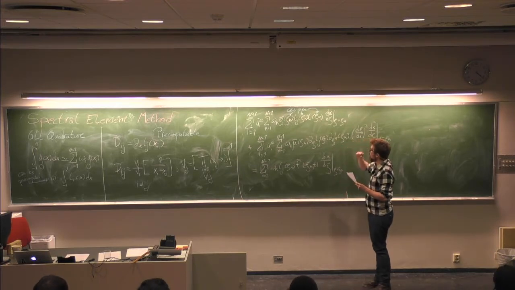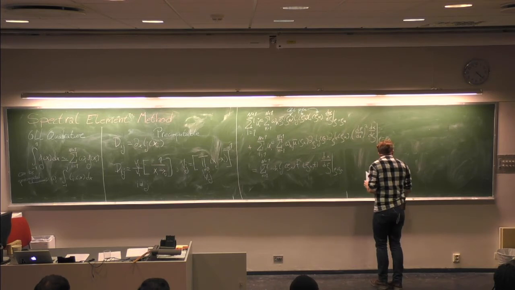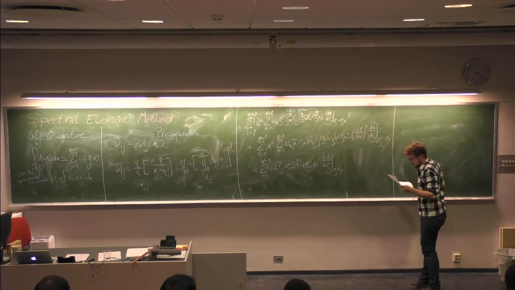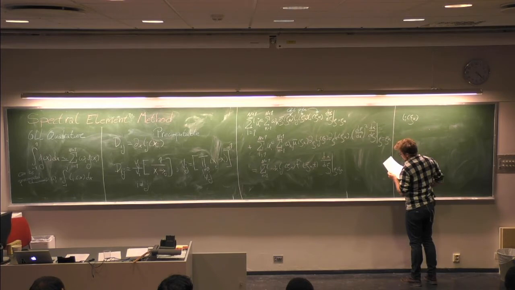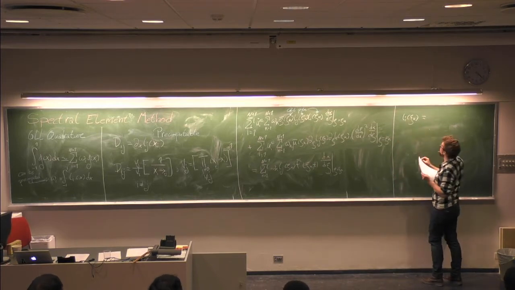But these have a property. This is sometimes called a cardinal property. That is, this is only non-zero when these two indices are the same.